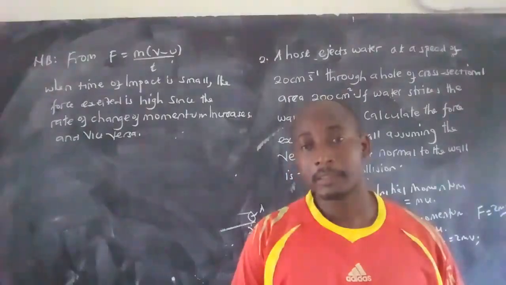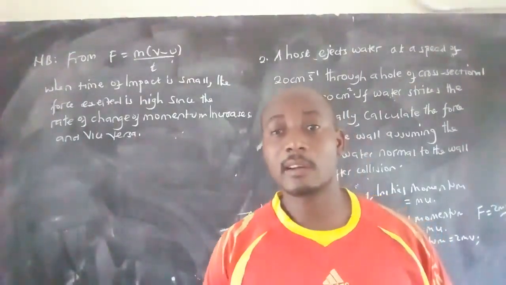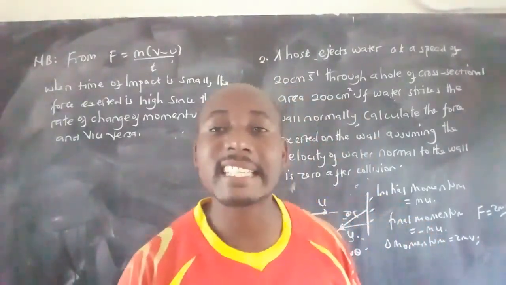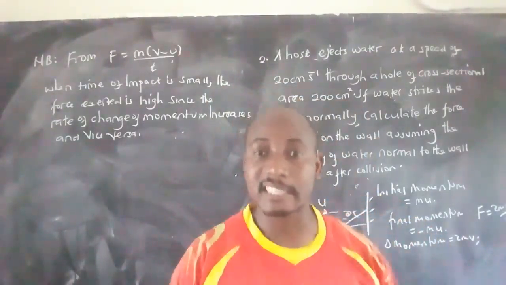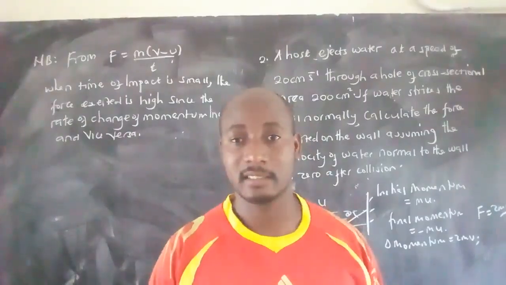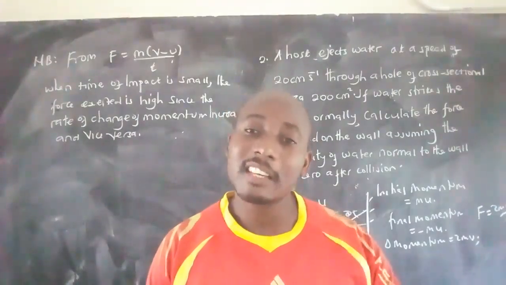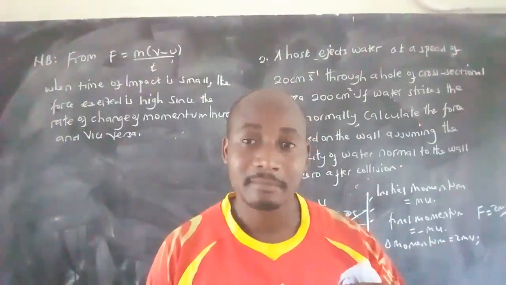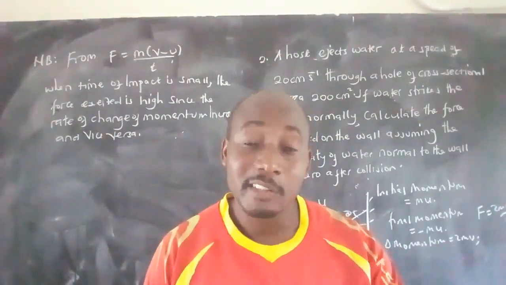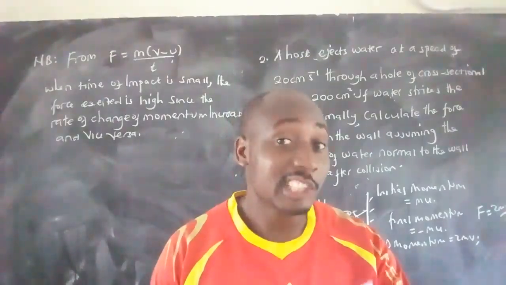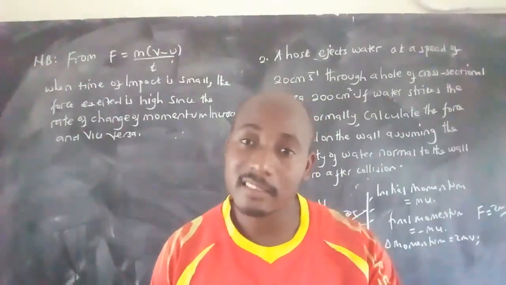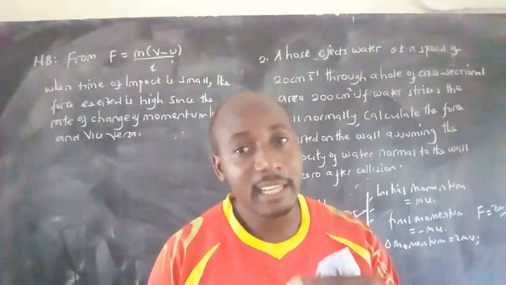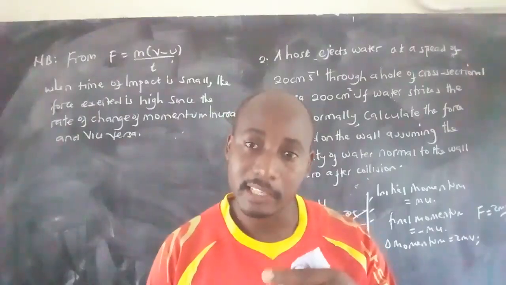Next, the long jumpers flex knees. Flexing knees increases the time for which the body is being brought to rest, hence reducing the rate of change of momentum. Thus, the force exerted on the legs reduces, hence less pain.